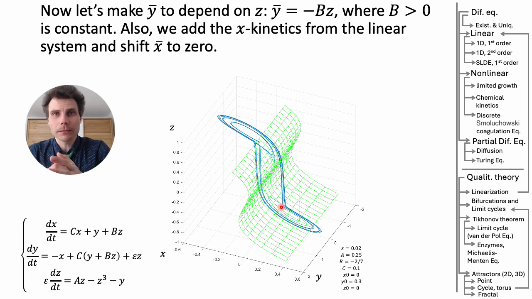What other attractors can a differential system have? Well, they can have a point as an attractor. That's the simplest thing. We learned multiple systems that converge to a single point. They can have a closed trajectory, a limit cycle, as an attractor, as the trajectory towards which everything converges. They can have strange attractors, and they can have an attractor that forms a torus.